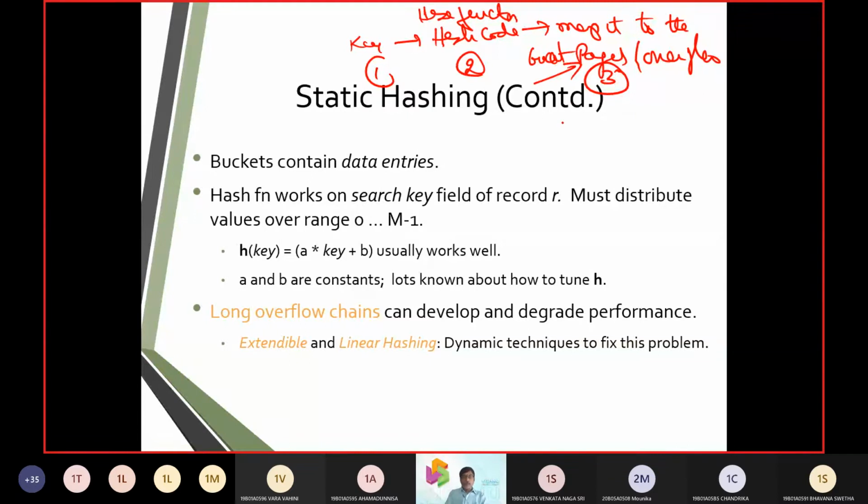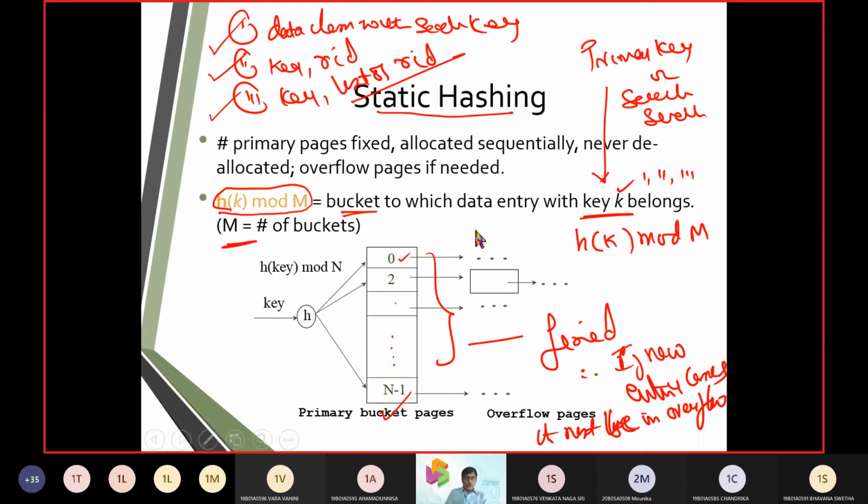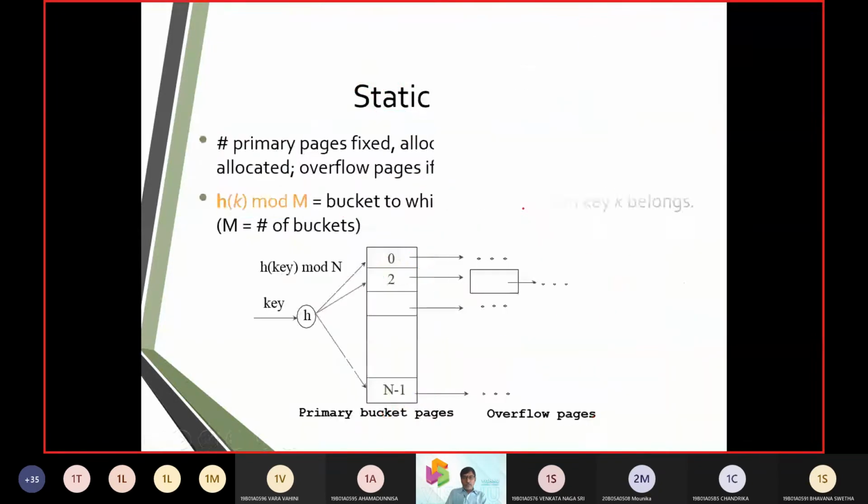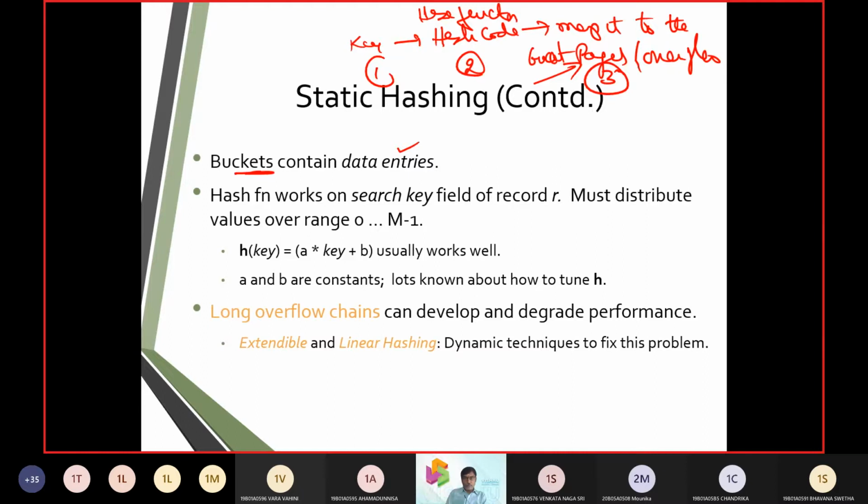what will be the content inside the buckets? The buckets contain the data entries. So we mentioned 0 bucket, 1 bucket, 2 bucket. Now they are going to contain the data entries, and these data entries are going to be embedded with the search key items. So now when computing the hashing content, we need a function with the search key with a minimum value of 0 and maximum value of m minus 1.